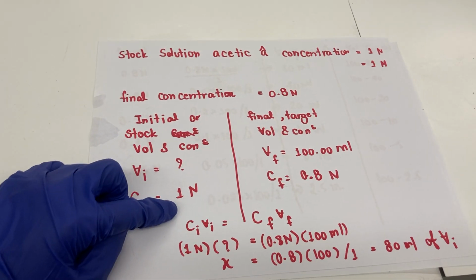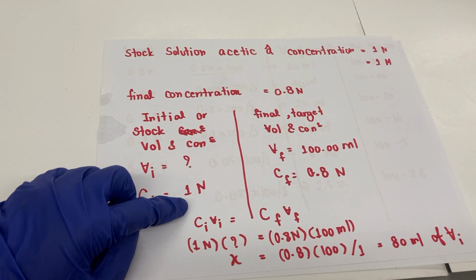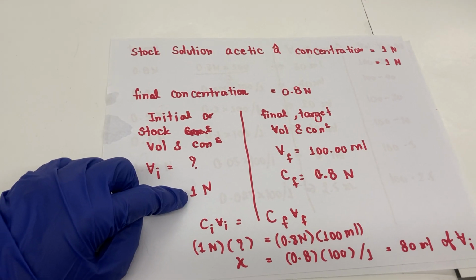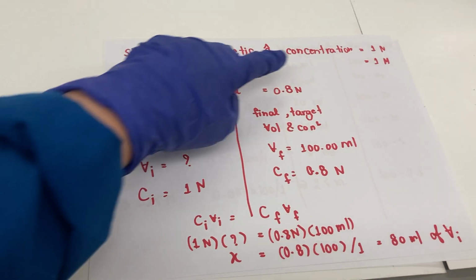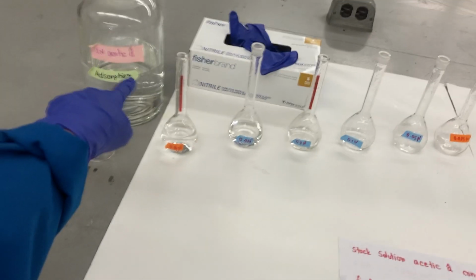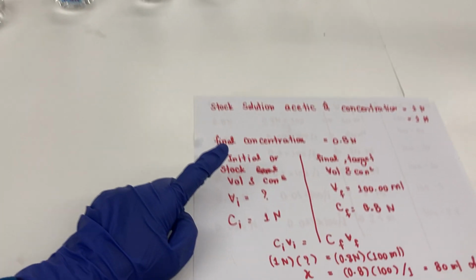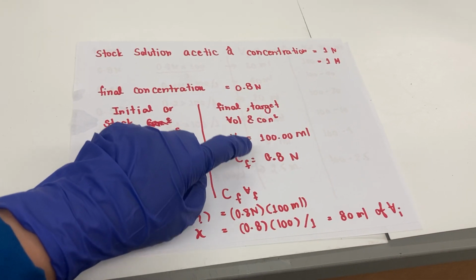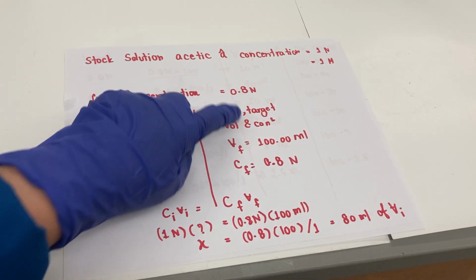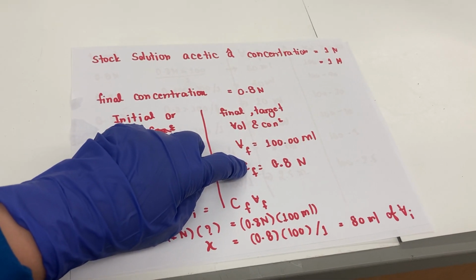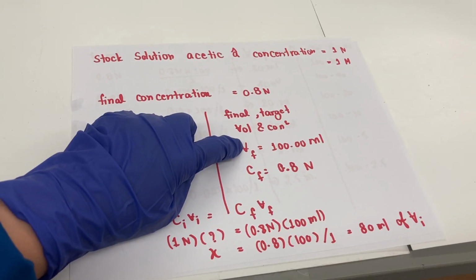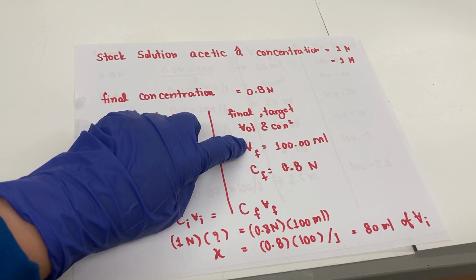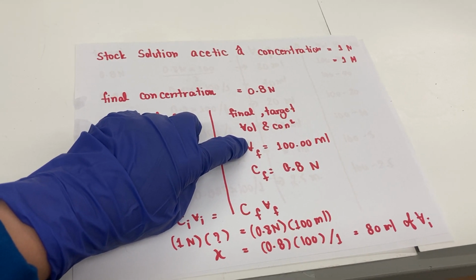The stock concentration is 1 normal, which is the 1 normal solution right over here that I give to you. Then the final concentration, you want 0.8 right over here. Then the final volume, you pick how much you want. In this case, I give it to you that we need at least 100.